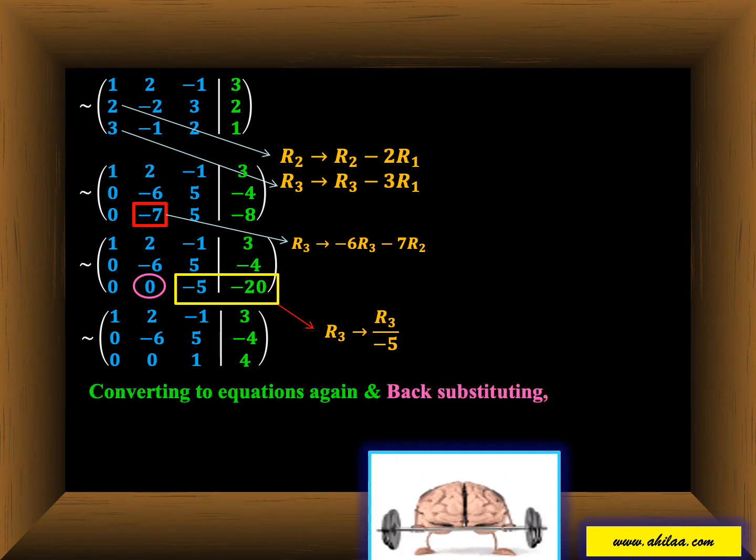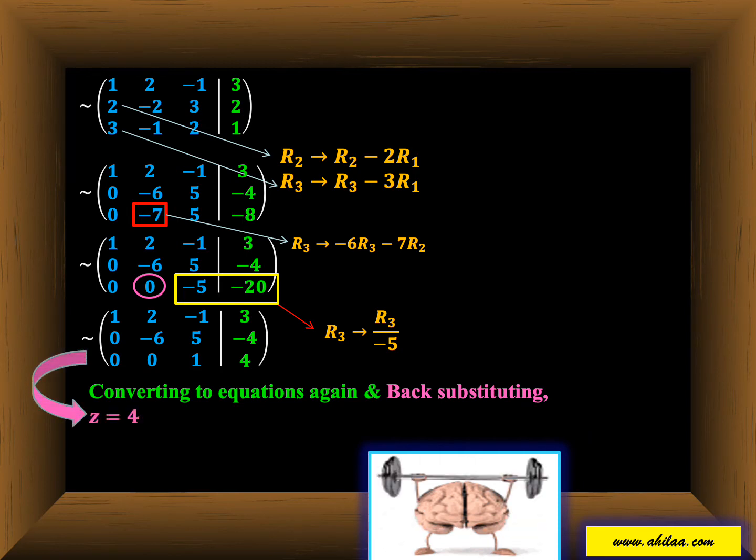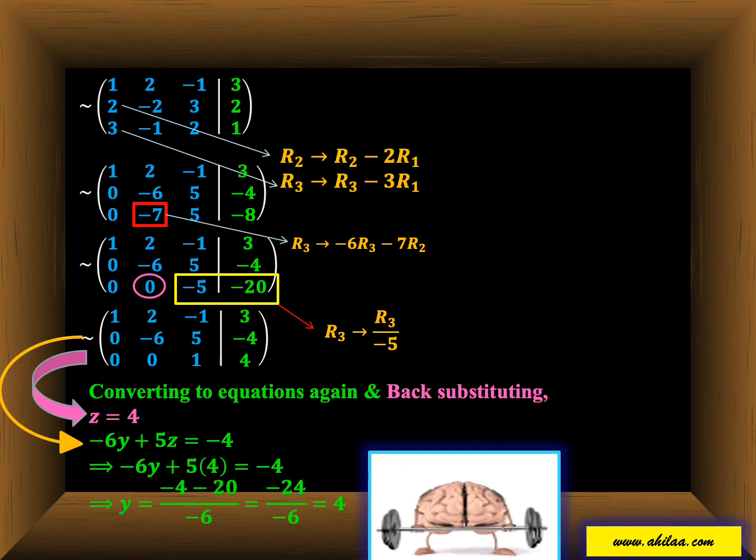Now converting to equations again and back substituting. From the third row, the equation is z equal to 4. Directly we are getting the value of z. Then from the second row, we get the equation as there is no x term, no? So minus 6y plus 5z equal to minus 4. Now substitute the value of z. So you are getting the value of y as 4.